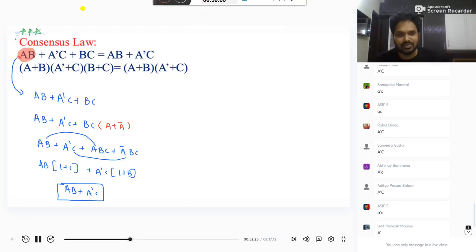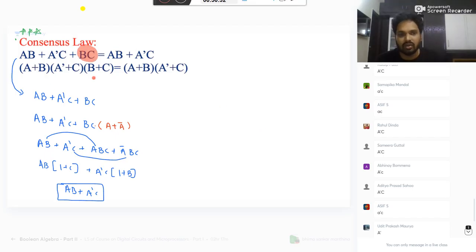Okay. So the nation wants to hear from me, right, Abhijit? A, B, A bar C. Here you have three terms. In one term, you have a variable A. In the second term, you have its complement, A bar. You have a variable, its complement. The remaining, whatever you have, these two product is there, this will become redundant according to this consensus law.